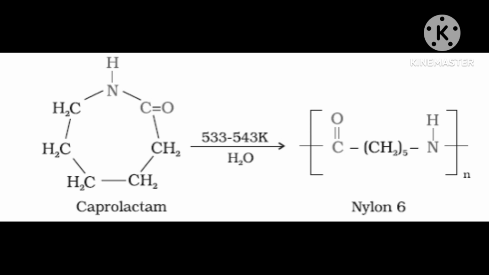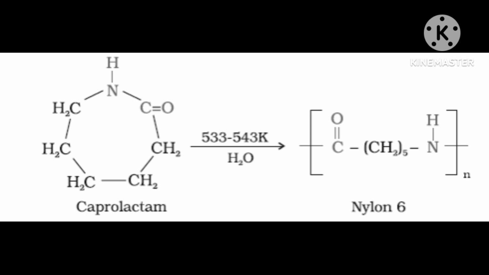Now you will get CH2 whole 5, because 5 CH2 were there, 6 carbon were there, but one was CO. That's why you can write CH2 whole 5. One side NH, other side CO. N is open hand, carbon is open hand, means 1 valency.